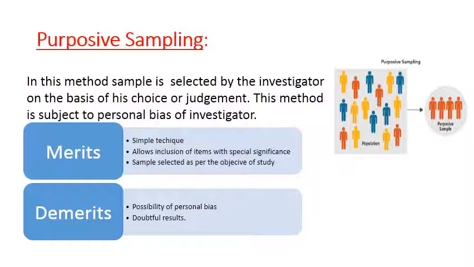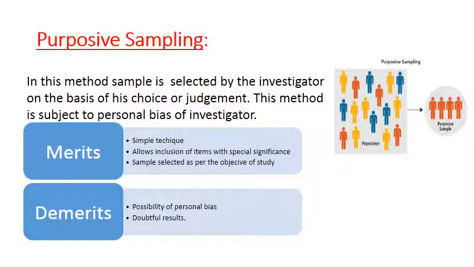Now the second is purposive sampling. As the name suggests, when the sample is selected by the investigator on the basis of his choice or judgment, this method is known as purposive sampling.